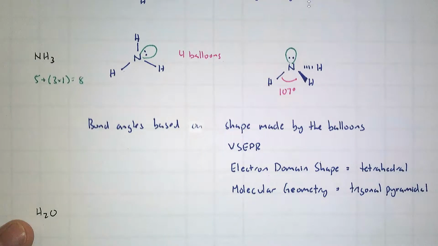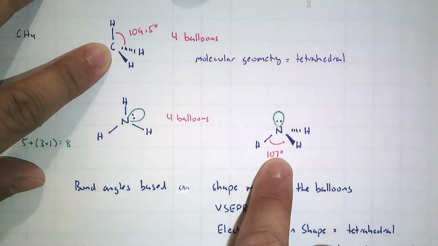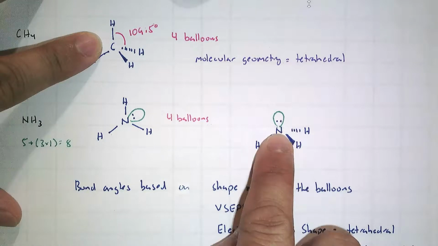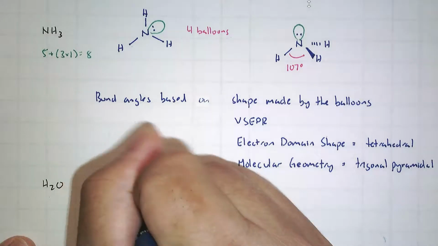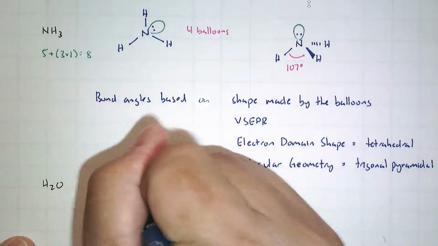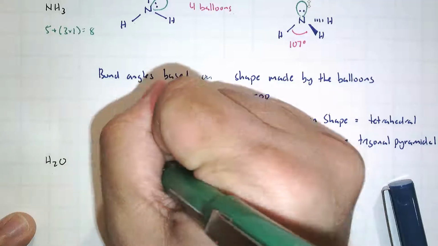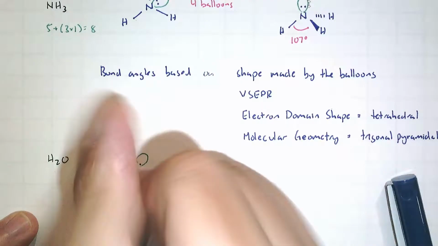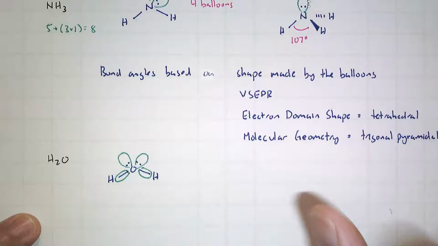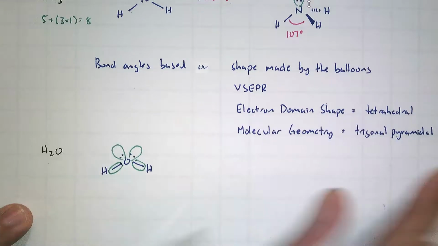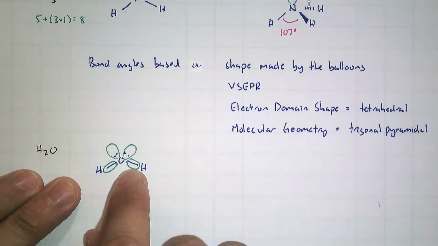Now, what about H2O? This will be our last example. The trend is we're pushing these bonds closer together when we add a lone pair. So water, and I'll draw it like this. Water has 2 lone pairs. Each of those are balloons. But each bond is a balloon as well. So the electron domain shape is still tetrahedral, but the shape made by the atoms is what's called bent.